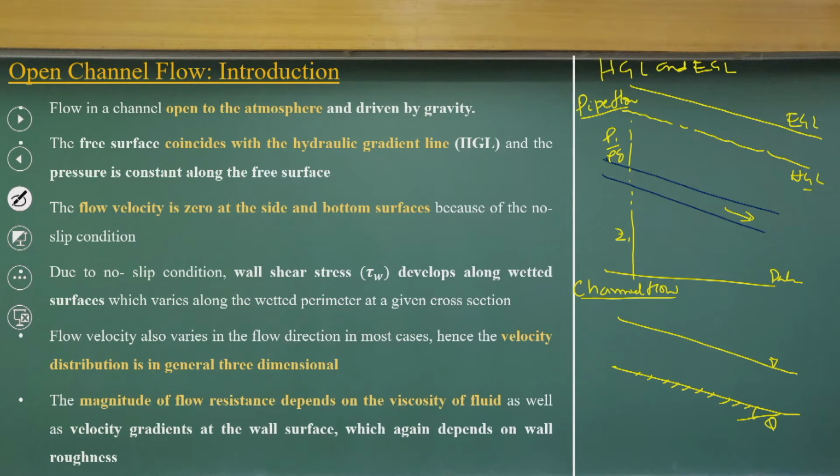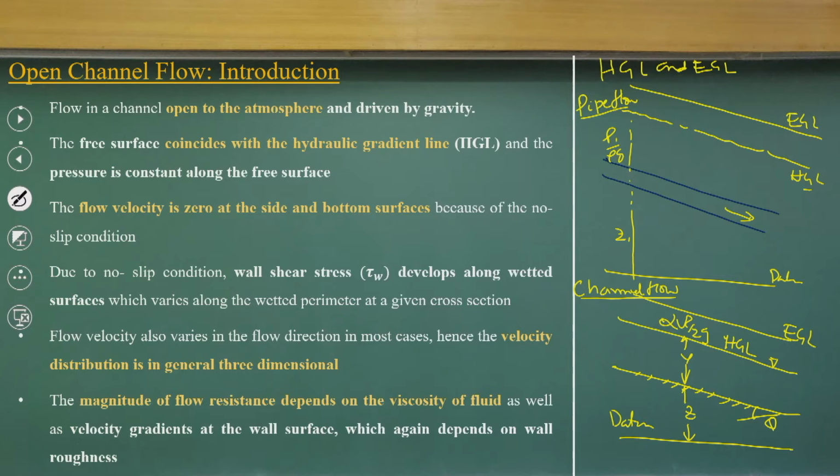So, I have the channel flow. If I consider a datum, my free surface will be the hydraulic gradient line. Above that, I will have an energy gradient line. Whatever this flow depth is, let y be the flow depth, and z the distance from the datum. And this is V square by 2g, and you can have the kinetic energy correction factor.